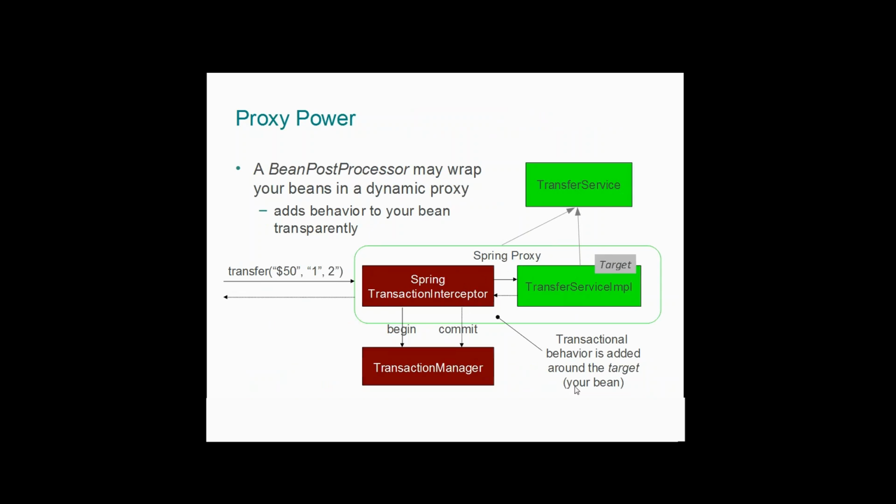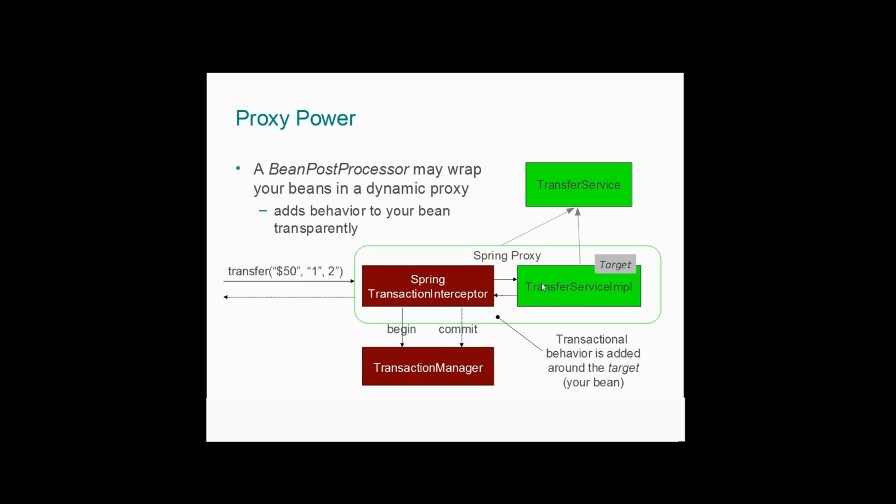Okay, and whenever you configure a special instruction, say I wanted to have a transactional behavior for the transfer service method, the transfer method, then I'll go and set up the Spring transaction manager. It will intercept. So that method will go and check. First it will create a transaction using the transaction manager, so it will begin the transaction.